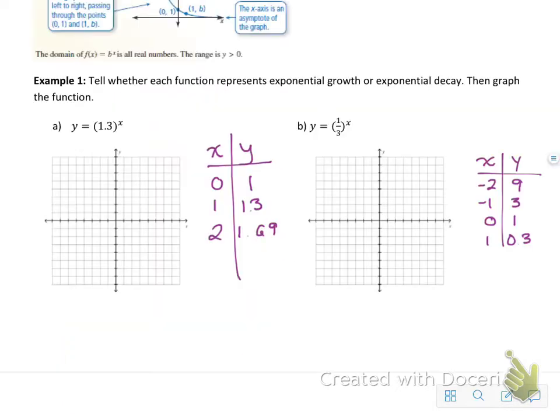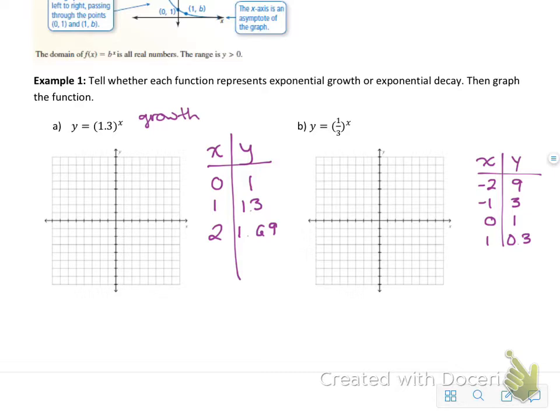Now, if we are looking at an equation, like in example 1, and it tells us to figure out whether we have growth or decay, then we just look at the number. 1.3 for A is greater than 1, so we have growth. Now to graph it, I'm going to show you how to graph it in your calculator when you come to class, but for now, you could just get a bunch of points, like you would from a table.